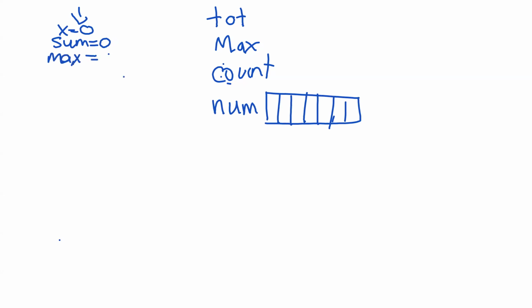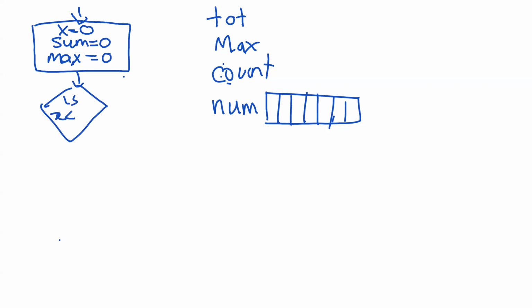Normally, the maximum value that the user can enter can be what? Minimum 1 and maximum 100. So we assign max as 0. Now, is x, sorry, not x actually, we have to get it as count, less than or equal to 10.